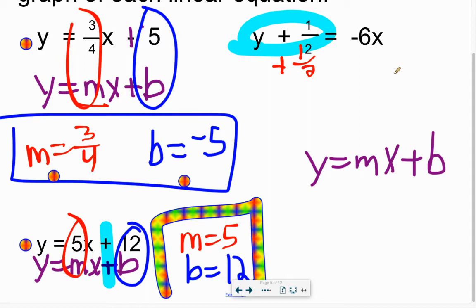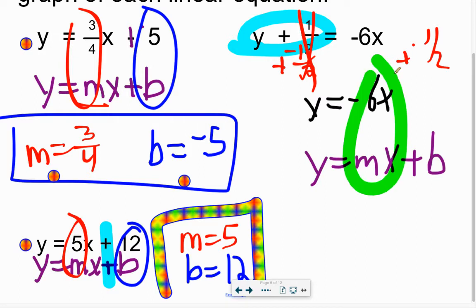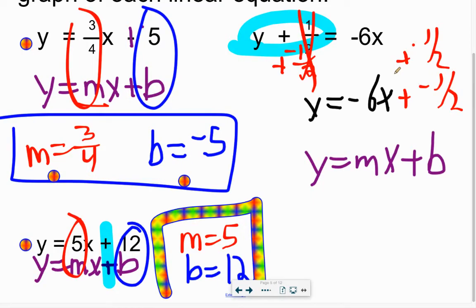You can subtract half, or I'm going to add that negative half to both sides, because those cancel out. You're left with y equals, and I'm going to leave that negative 6x where it's at, because then it's in the same form as our slope-intercept form, and then bring back that plus. Careful, don't lose that negative with the half.